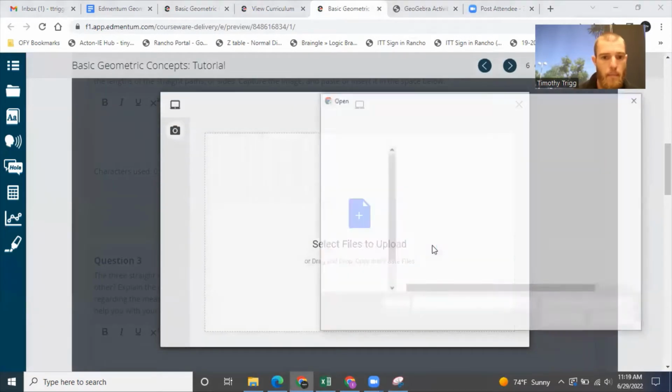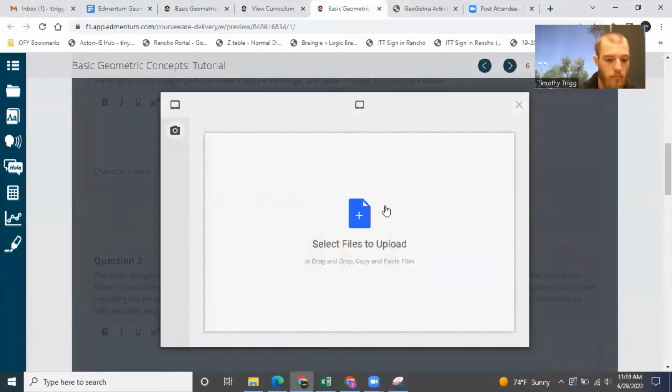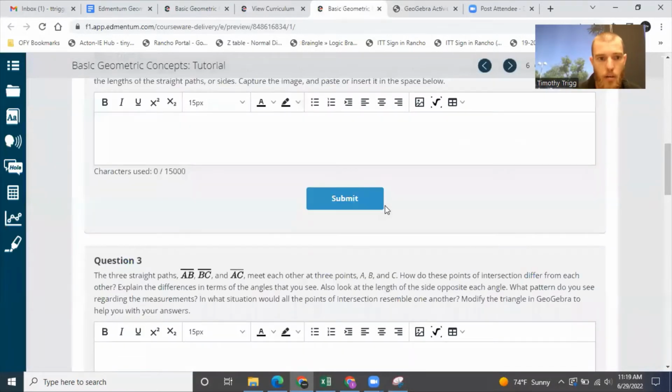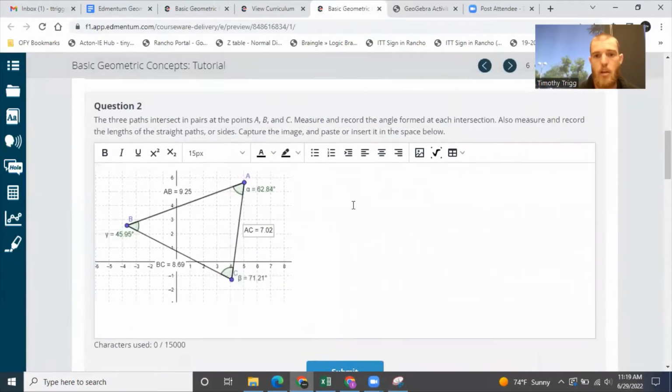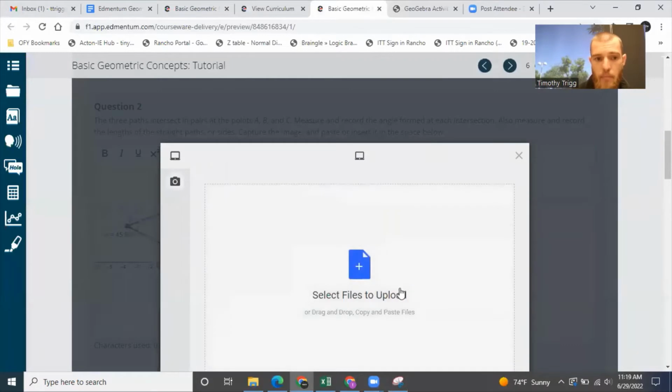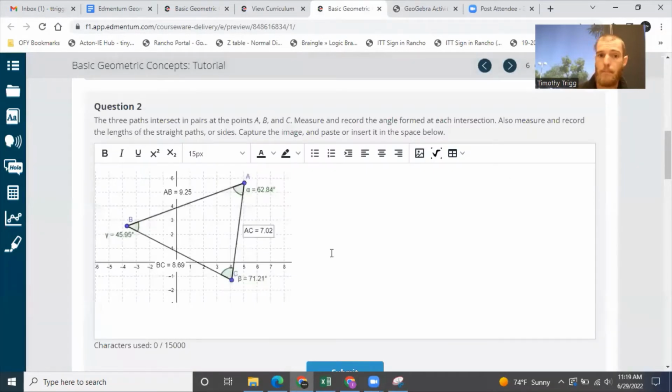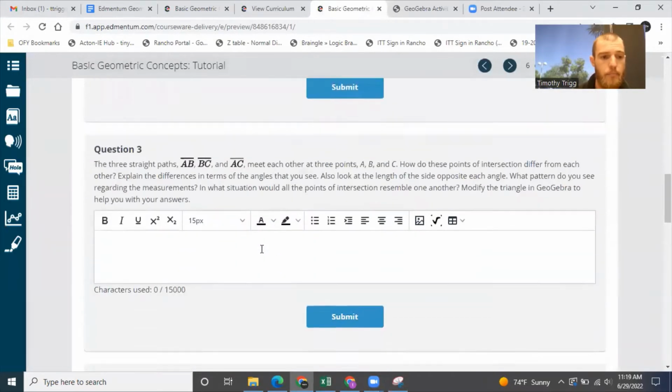Okay, here I pasted it there. So you can click on this and paste the image in here as well. You can also save the file and drag it in as well. So just like that, we can see all the information here that I have.